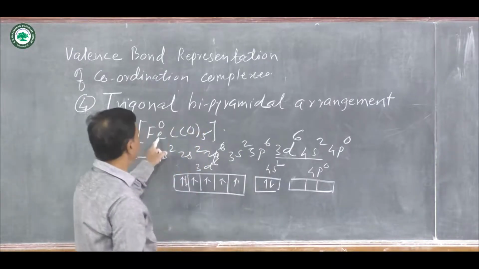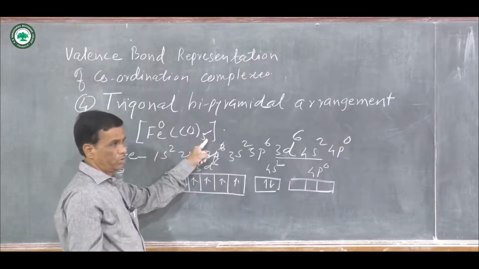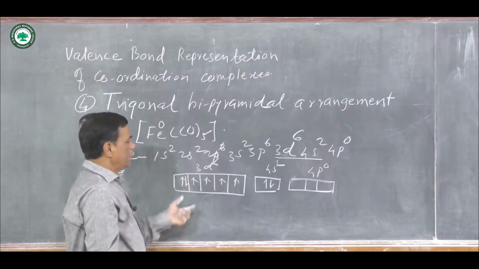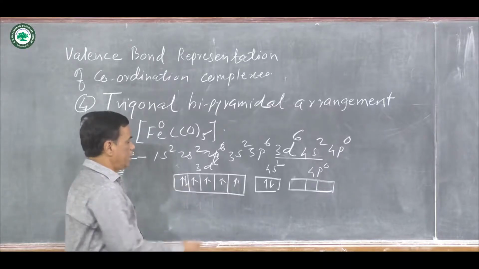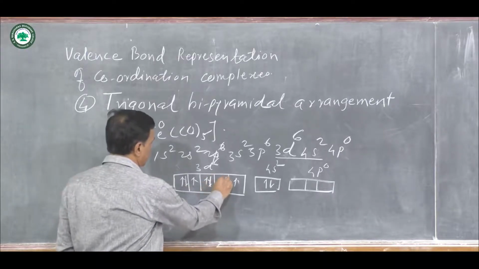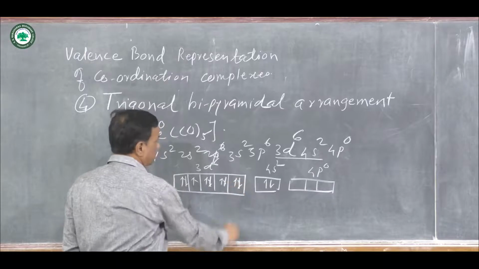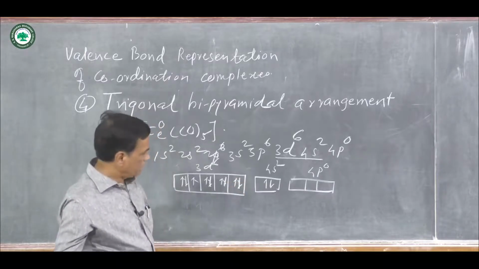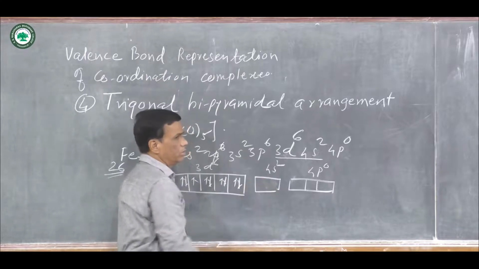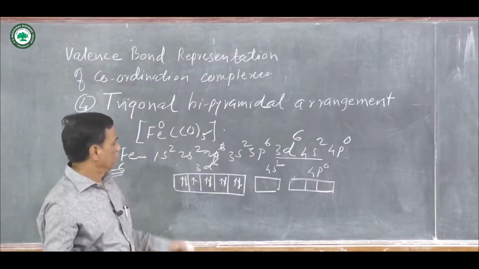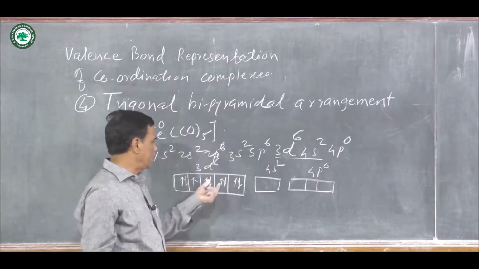When there is a formation of the Fe(CO)5 complex compound, rearrangement of electrons takes place, and here pairing takes place, and in total there are 8 electrons.